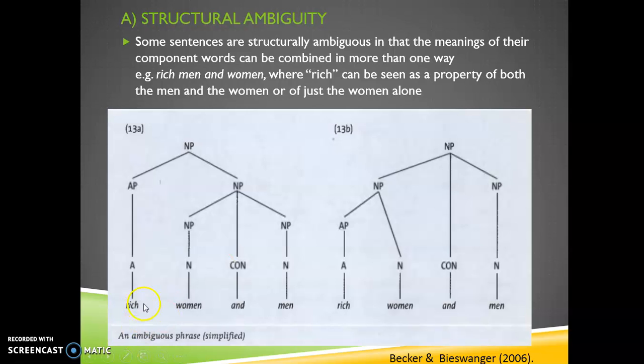So for example, rich men and women, where rich can be seen as the property of both women and men, in this case a noun phrase that represents both women and men, or rich just represents women. So we have rich women and men, on the other hand. According to the way in which we combine the elements of the sentence, the meaning changes.